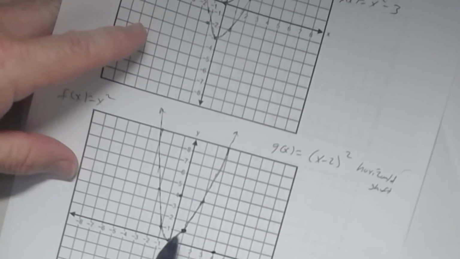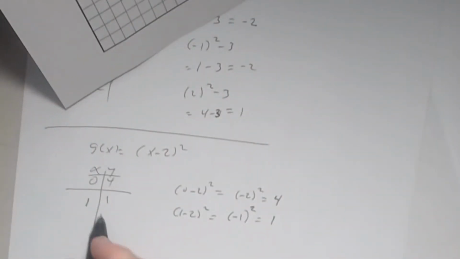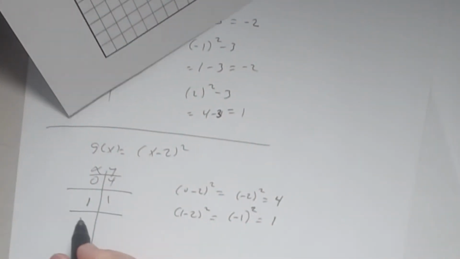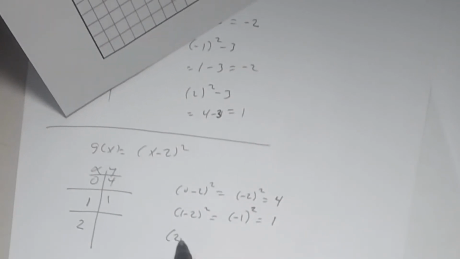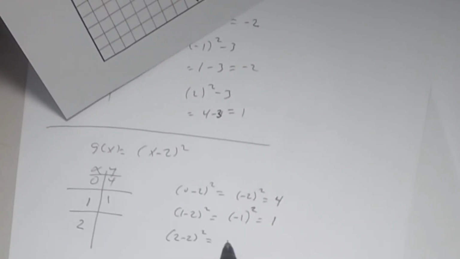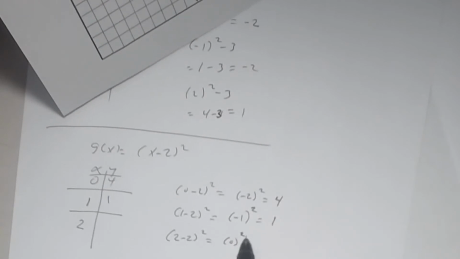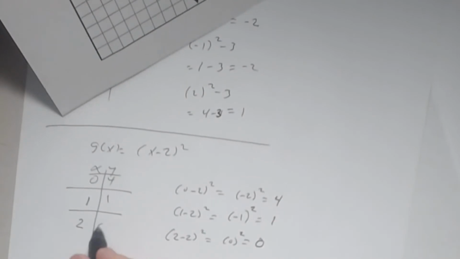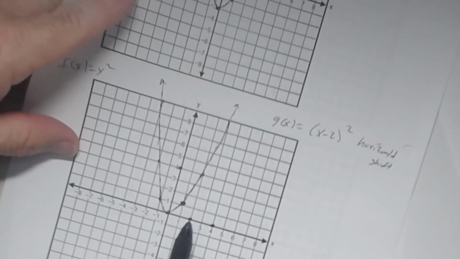Now let's look at 2. If x is 2, I get 2 minus 2 squared. 2 minus 2 is 0. 0 squared is still 0, right? So I get 2, 0. So 2, 0 is here. Y'all agree?